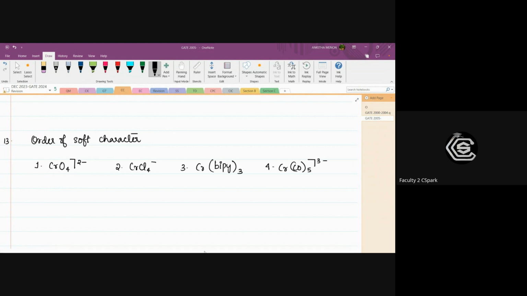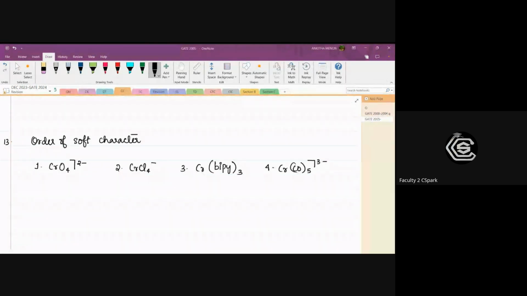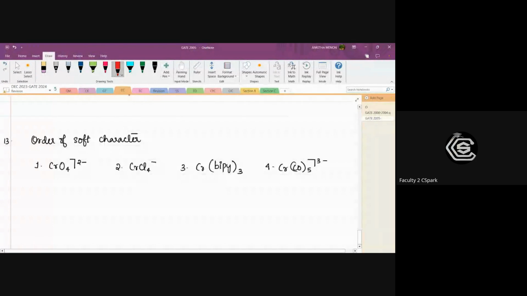Okay. You look at the charge of the metal. If there is a higher positive charge on the metal, greater is the hardness.